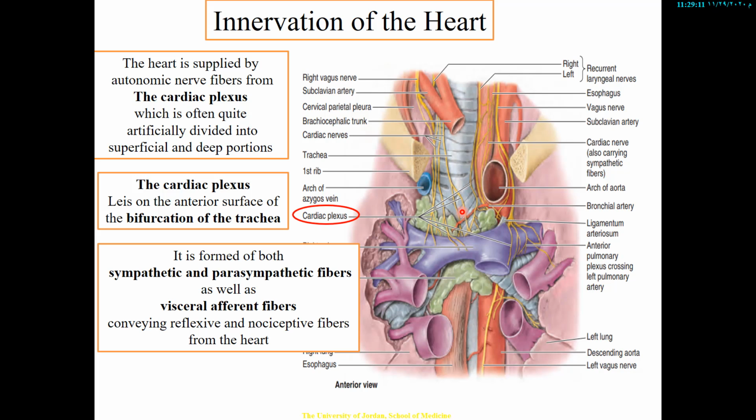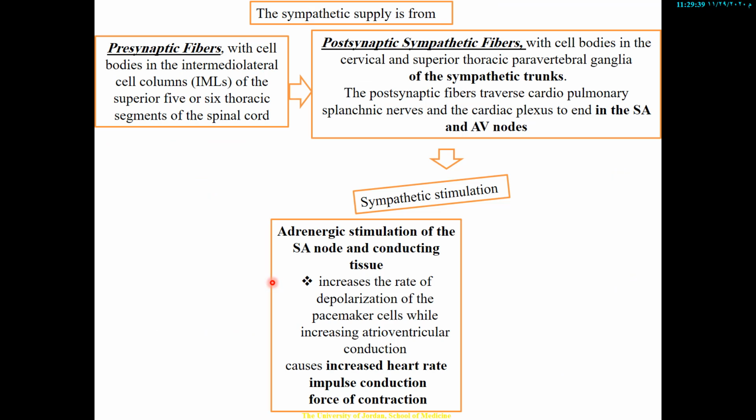So there is a cardiac plexus in front of the bifurcation of the trachea. This plexus is formed, as I just said, from sympathetic and parasympathetic fibers, as well as visceral afferent fibers, which can bring the nociceptive fibers from the heart. So mainly sympathetic and parasympathetic.